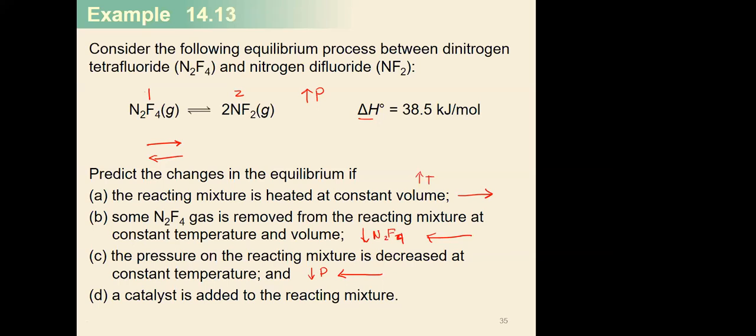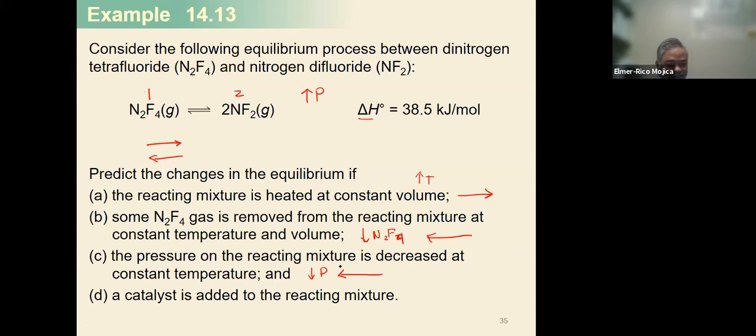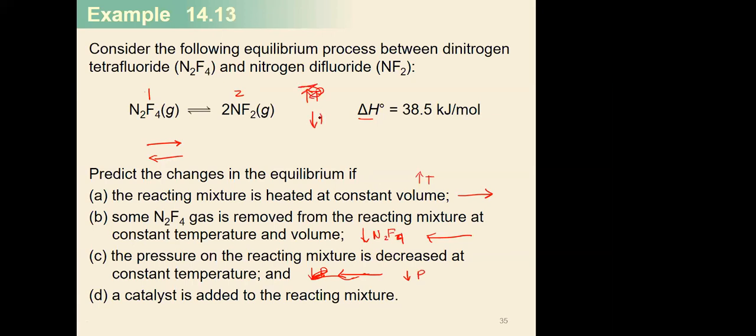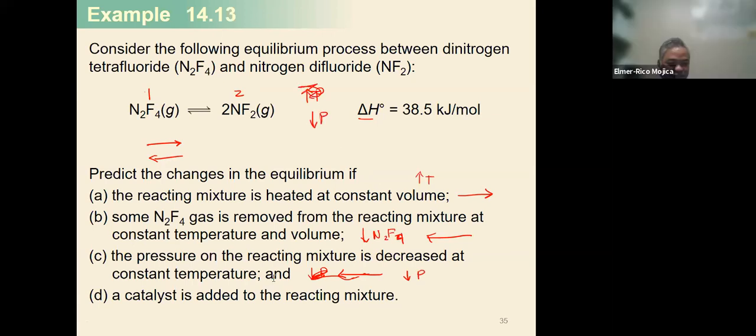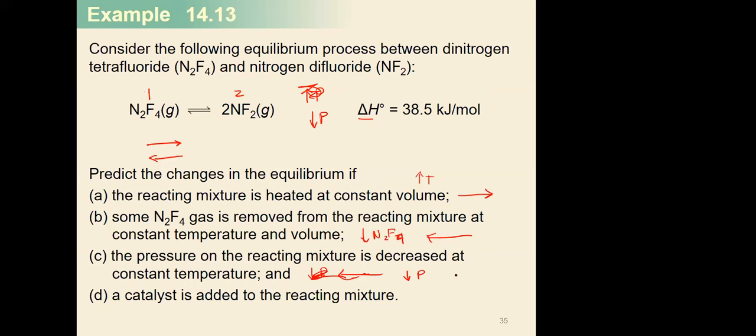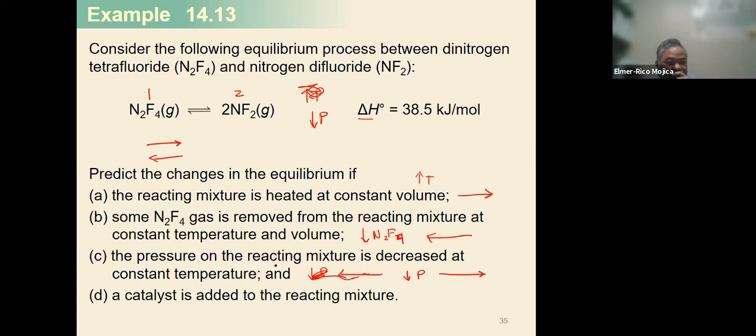Oh, wait, it's not increasing. It's a decrease in the pressure. So the one that is favored is the forward reaction, because this says it's decrease. So the one that is favored is the one that has more moles. Last but not least, a catalyst is added.